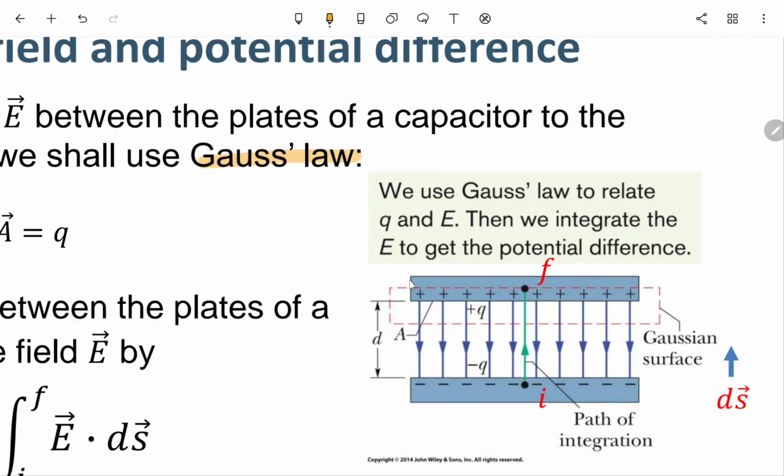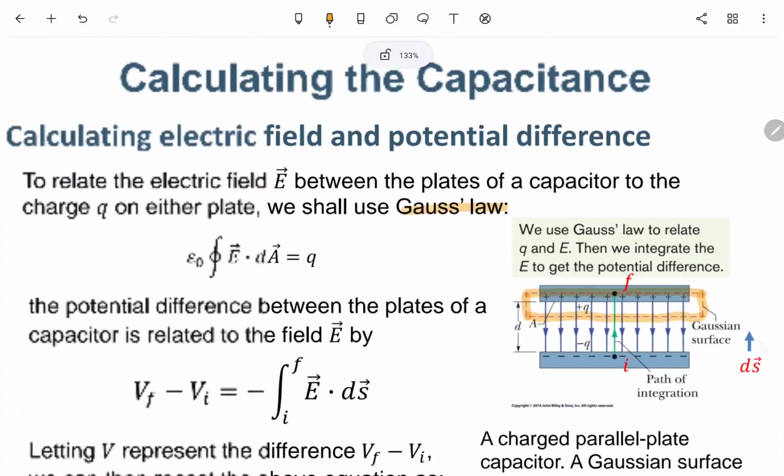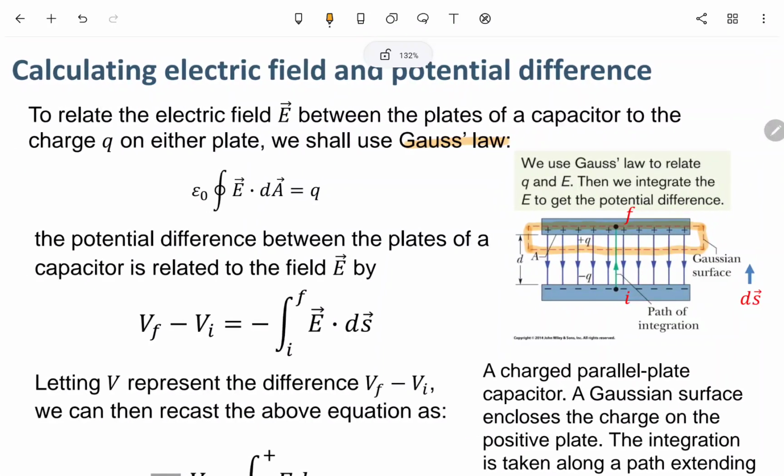Here we have the capacitor shown in blue, and this plate has the highest potential, and this one has a lower potential, and we define the Gaussian surface like this. Okay, this is a rectangle. This side is inside the positive plate, the positive terminal of the capacitor, and the other side is right between the plates, and these two sides are somewhere here.